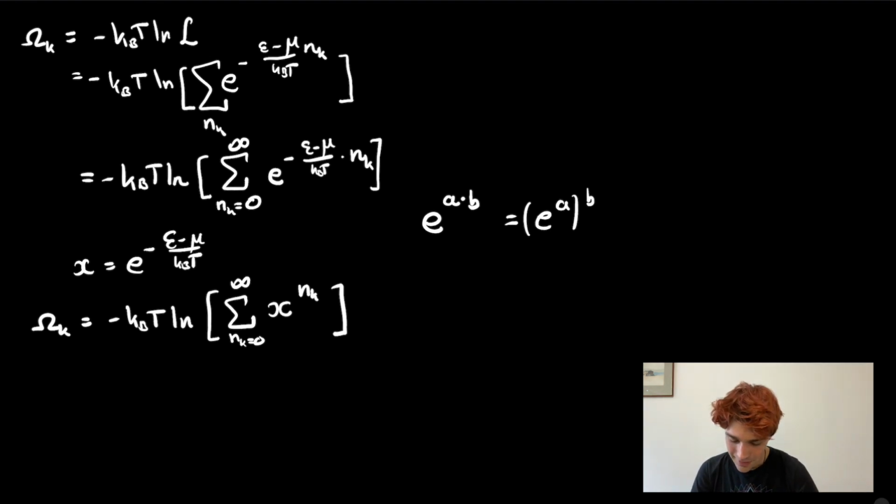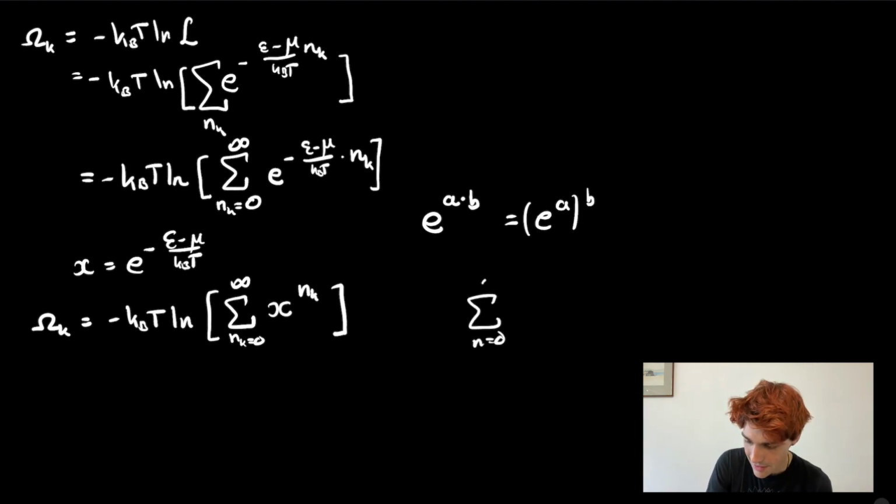So now we've got to evaluate the sum. This is a well-known mathematical sum that has been studied quite a lot in maths, and it actually has a very simple form when you evaluate it. So the sum going from 0 to infinity of x to the n, so n equals 0 to infinity, x to the n, I won't bother writing the k, this is just in terms of pure maths right here, is equal to 1 over 1 minus x.